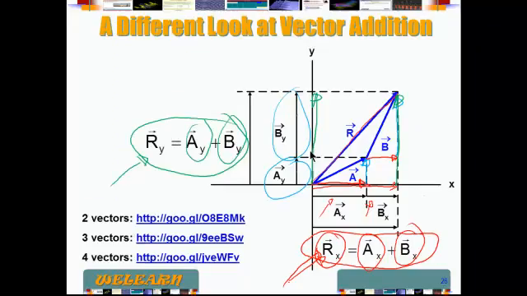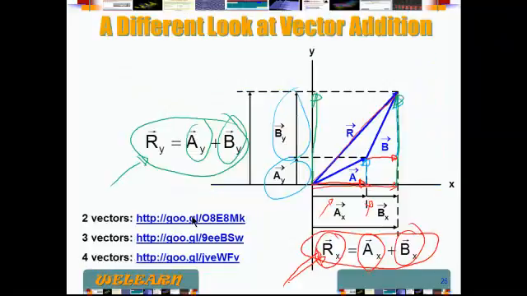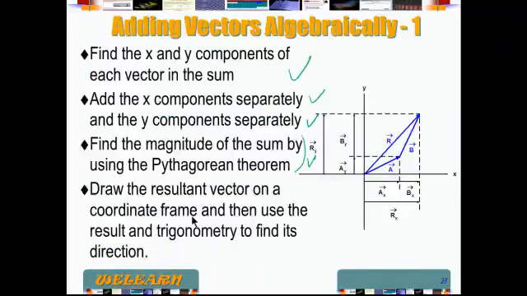Now we are going back here. If I know this and this, in our case it's going to be Rx and Ry, to find R, I use the Pythagorean theorem. That's what we are talking about. And then what we need to do is to draw the resultant vector on a coordinate frame and then use trigonometry to find its direction.